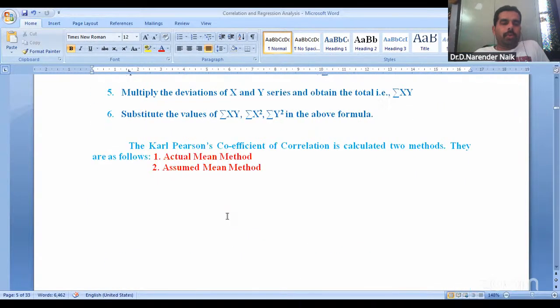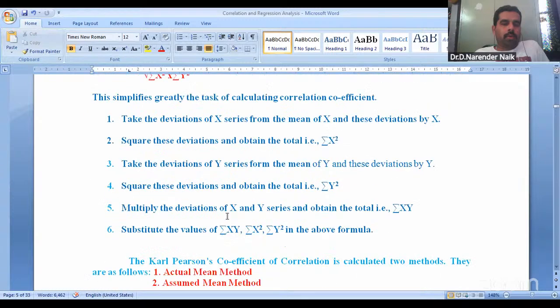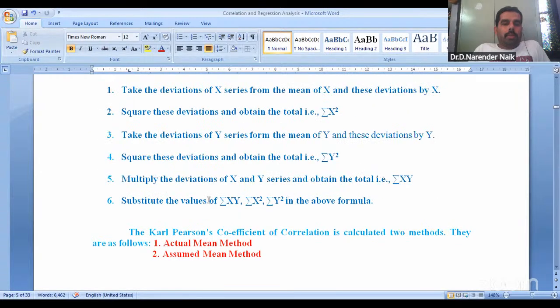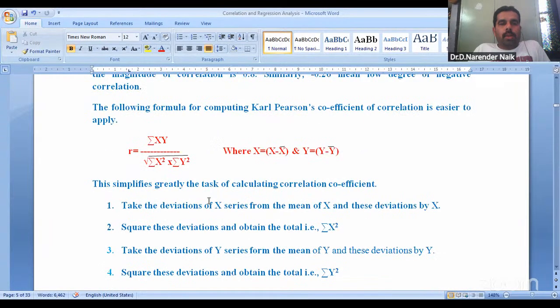Before we see the formula, you should know this: Karl Pearson's coefficient of correlation is calculated by two methods, the actual mean method and the assumed mean method. So what is the actual mean method?